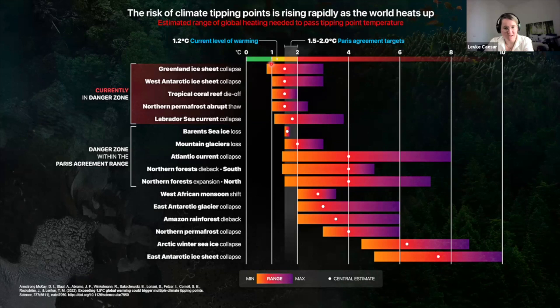One of the main reasons for that is that we, in this case, have fairly robust models and evidence where we can link the rise in global mean temperature or CO2 with the potential thresholds of the tipping elements in the Earth system. But it's important to note that tipping points per se are not limited to climate.